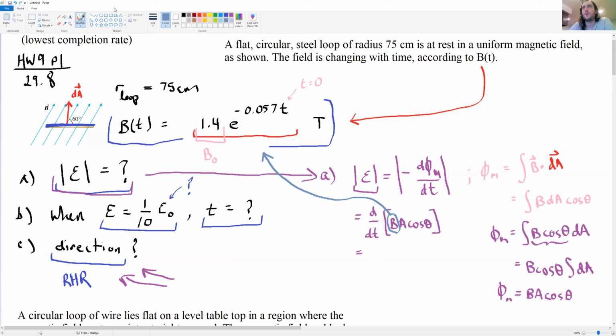So everything else pulls out of the differentiation. So we have A cosine theta and then dB dt.